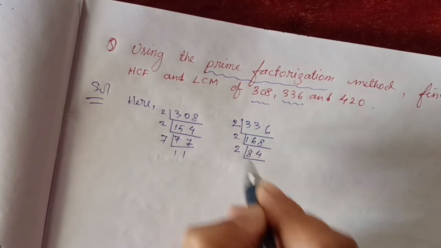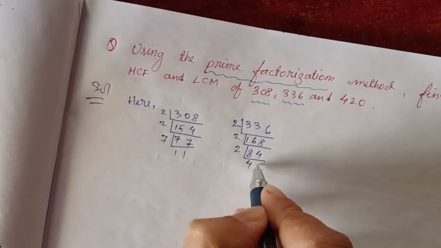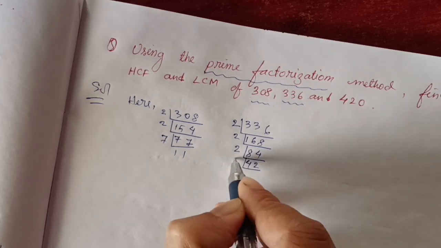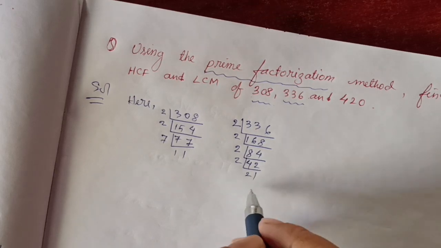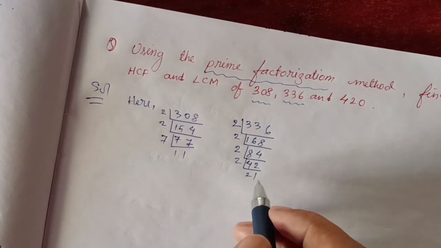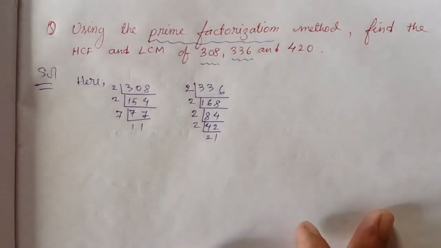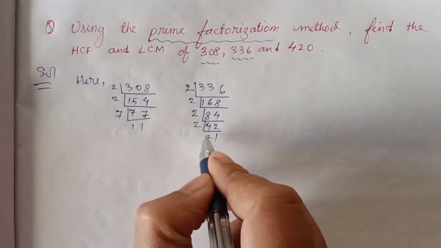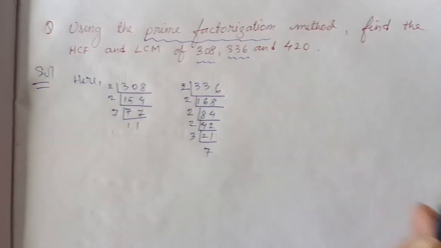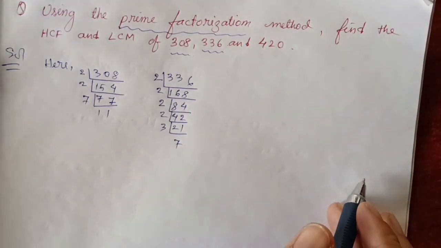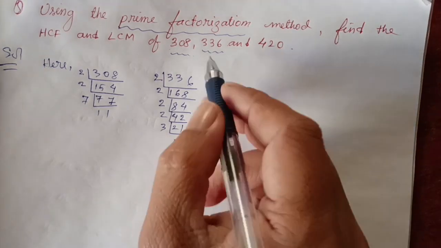Still even, we can divide by 2. 2 4s are 8, 2 2s are 4, giving 42. Still even, so 2 2s are 4, 2 1s is 2, giving 21. Now 21 is not an even number anymore. If 2 is not working, I told you we should try with 3. 3 7s are 21. We are done with the second number.